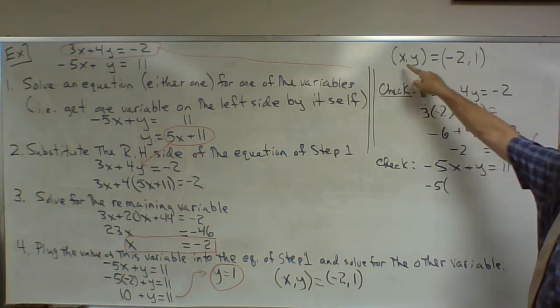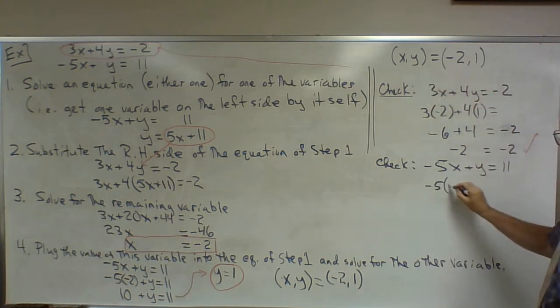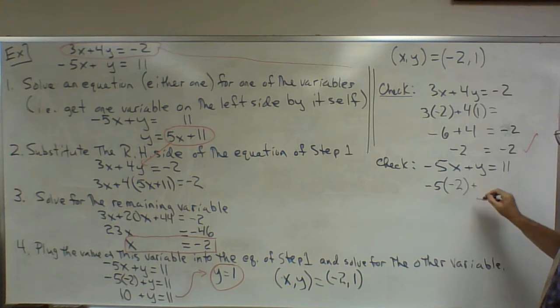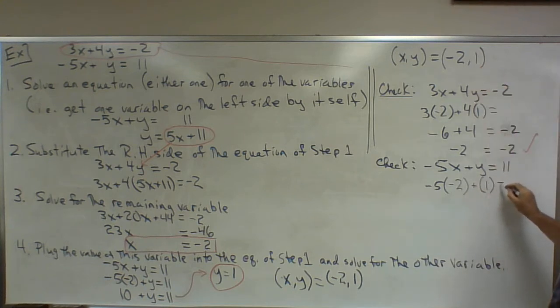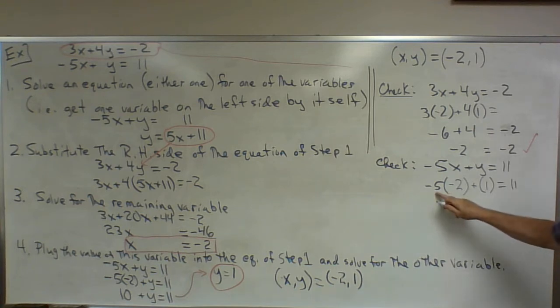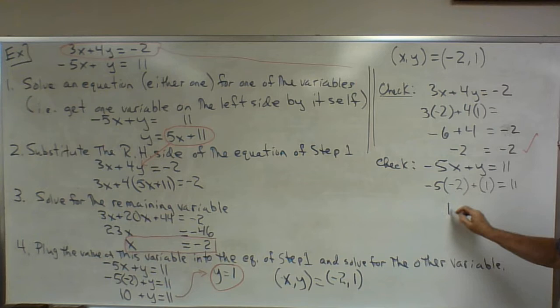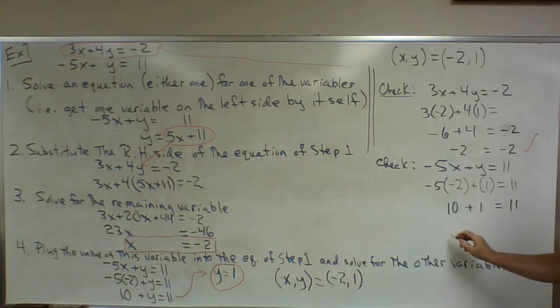I'll take negative 2 for x, 1 for y, and that gives me negative 5 times negative 2 is plus 10, plus 1 equals 11. So that gives me 11 equals 11.